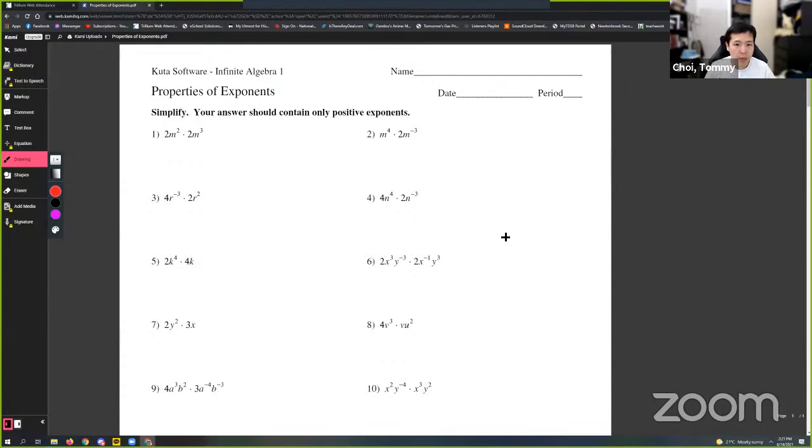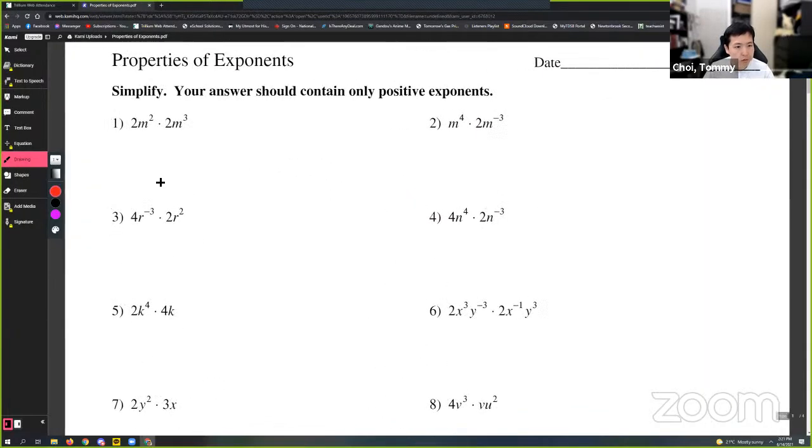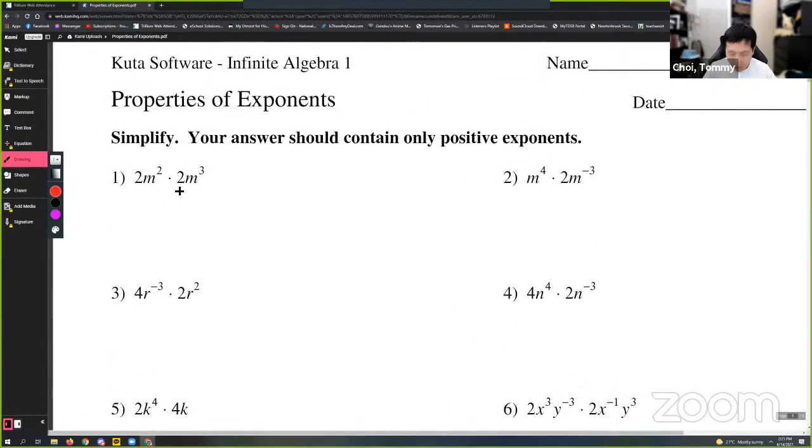Okay? So for example, for question 1 here, we have 2m squared times 2m cubed. First, numbers multiply with numbers. 2 times 2 is 4. Then work with m. You copy the m down because the base is the same.